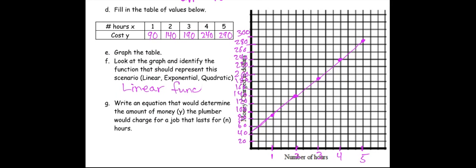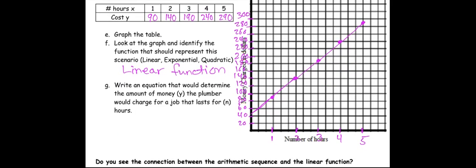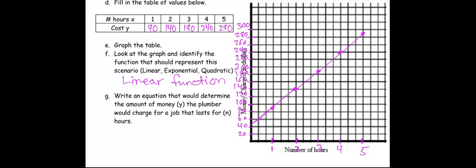It says, write an equation that would determine the amount of money the plumber would charge for a job that lasts for n hours. I know that the linear function follows the format y equals mx plus b. And to find the linear function, I need m and I need b. I'm looking at the table to try and figure out these parameters.